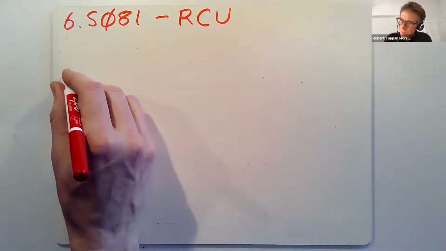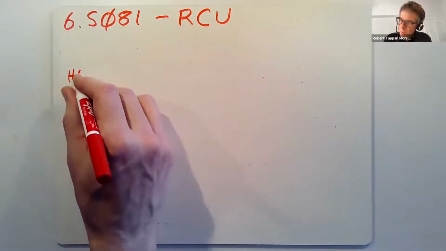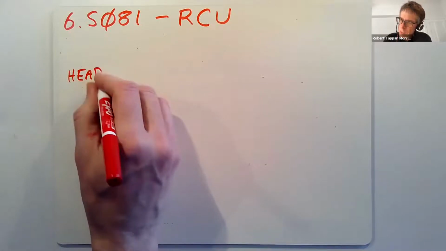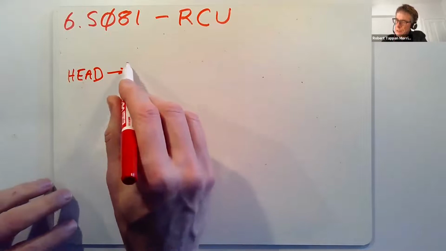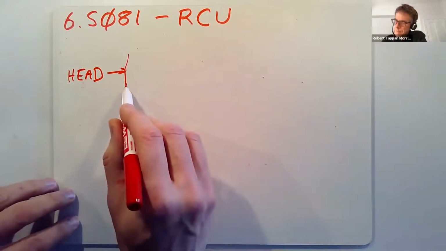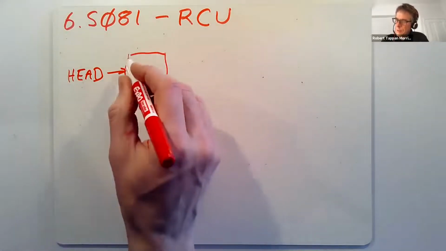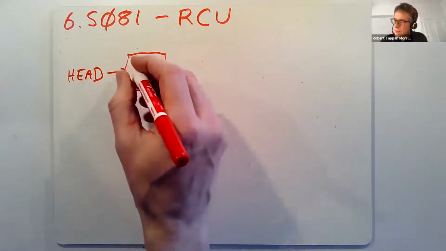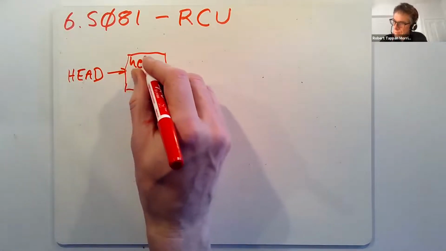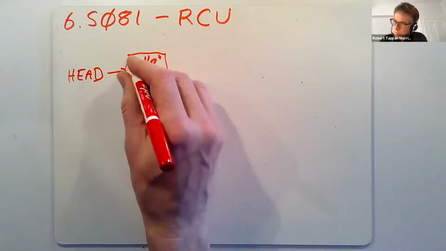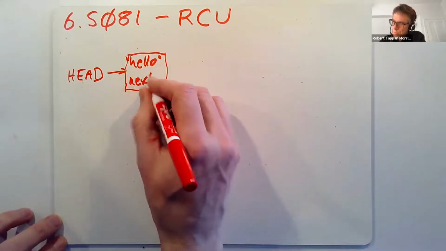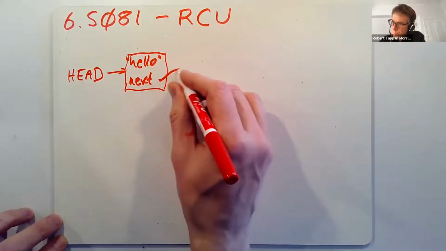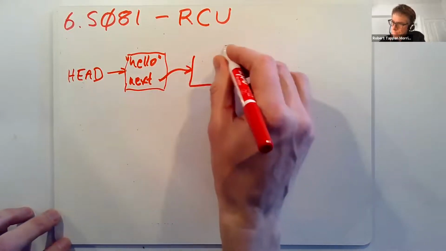There's maybe a global variable that's a head pointer, and there's a bunch of list elements. Each list element has some data in it, say a string, like hello. Each element also has a next pointer that points to the next list element.